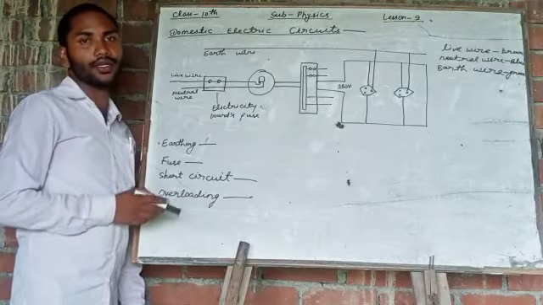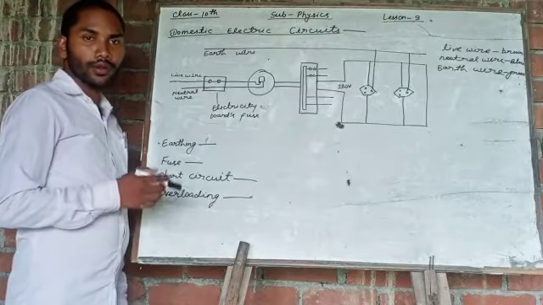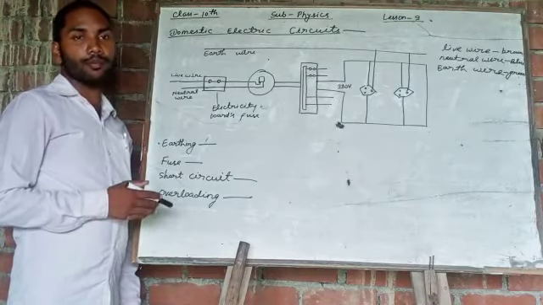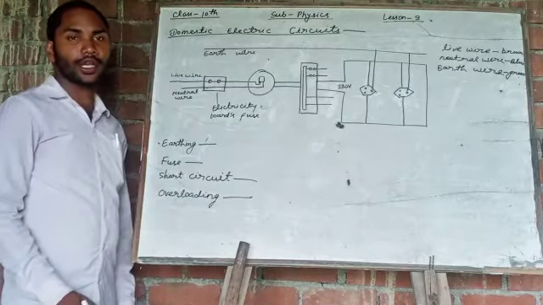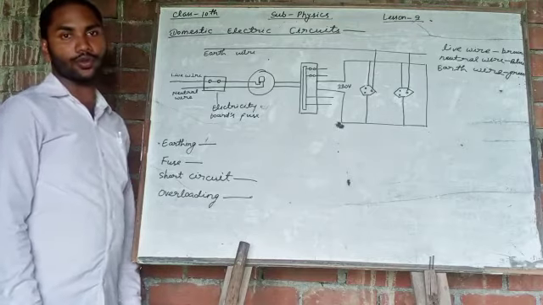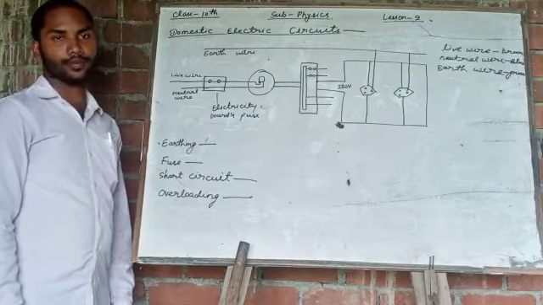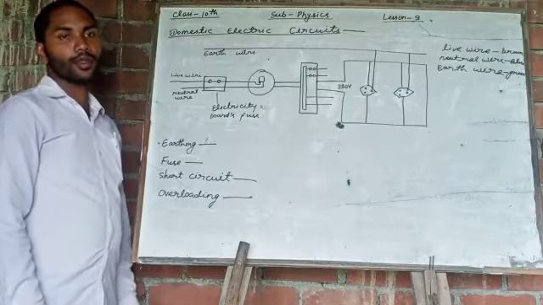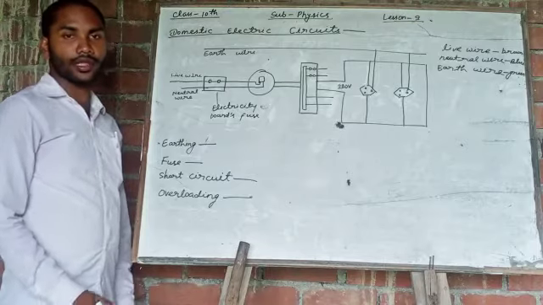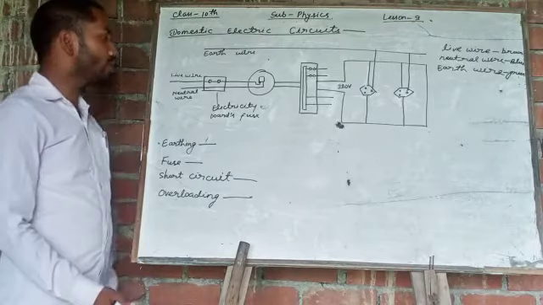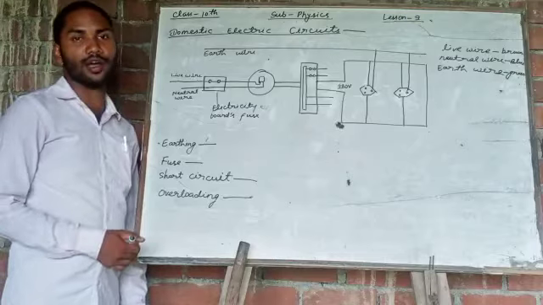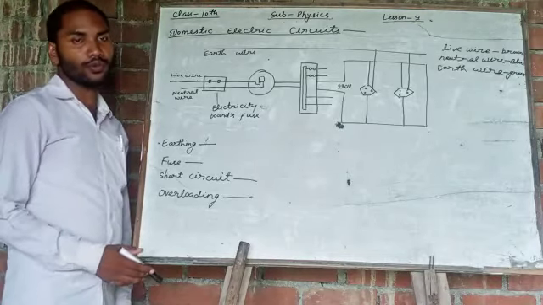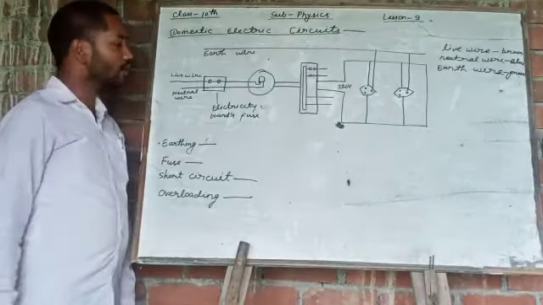It has a different rating for different places, based on the load sanctioned by the electricity board for that area. If the area is large and the power supply is more, the rating of the fuse will be more, and if the area is small, the power supply will be less and the fuse will be of lower rating.